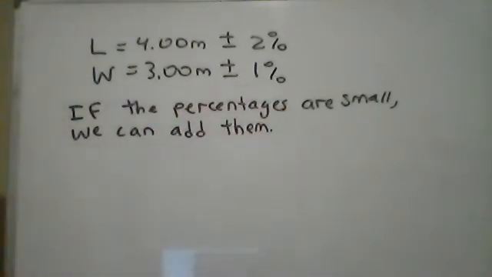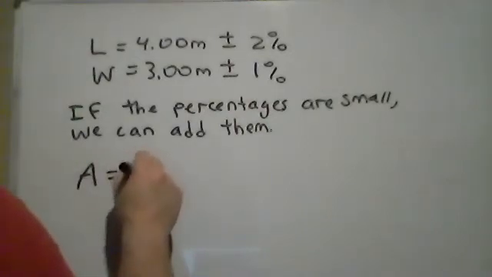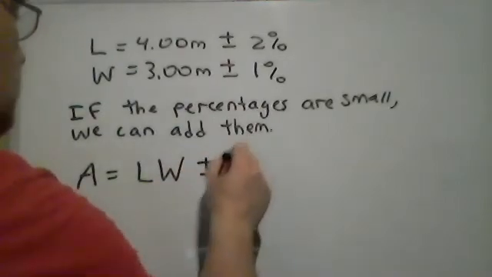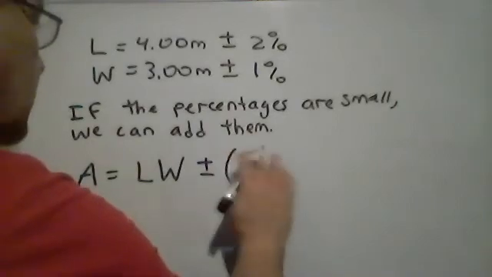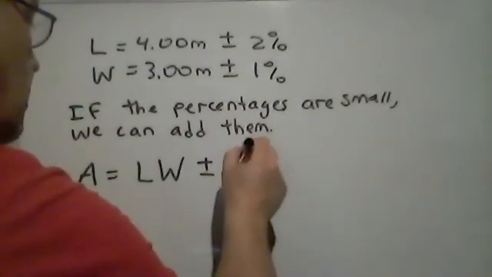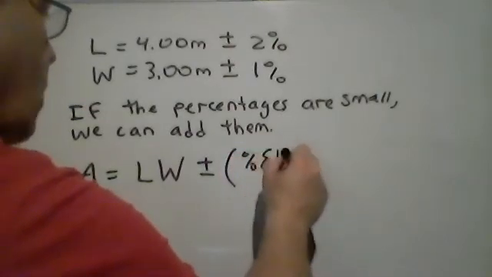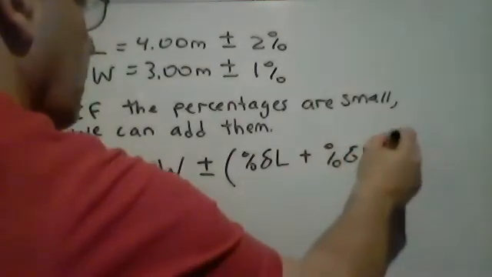What I mean by that is that the area is going to be length times width plus or minus the percent delta L plus the percent delta W.